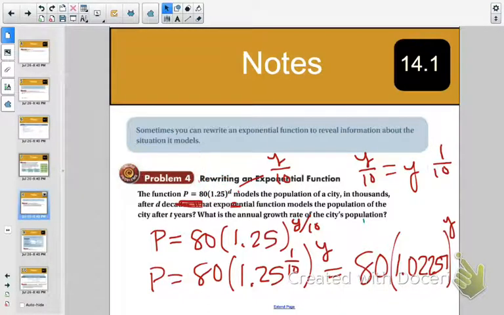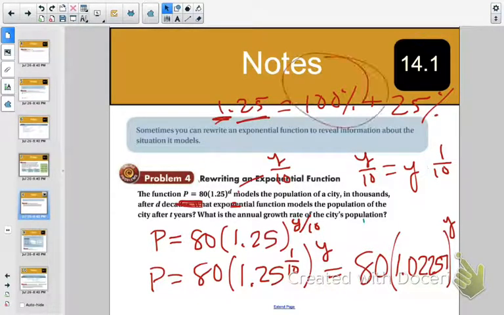Okay, 25% because 1.25, you have your 100% from the 1 plus 25%, which is this decimal right here. So we don't include the 100% in your growth rate, we're just looking at the 25%. So it's growing 25% each decade.